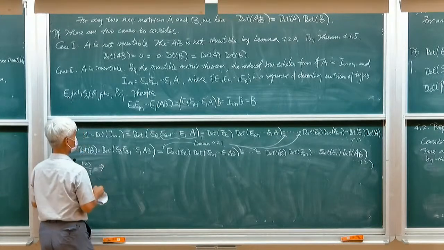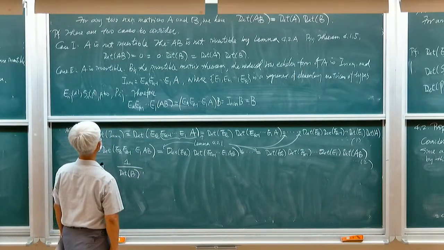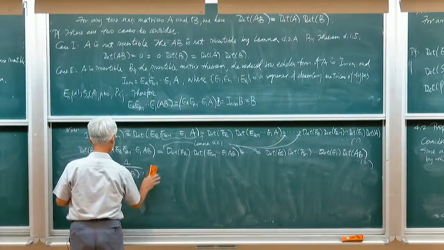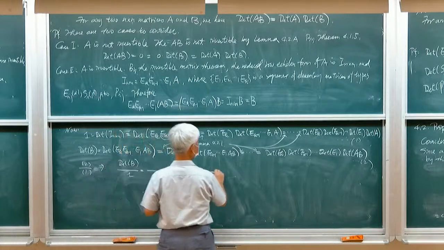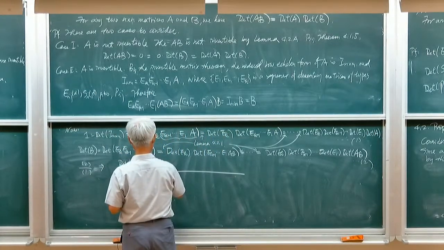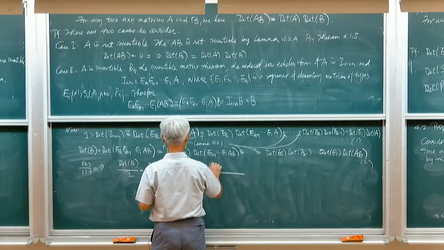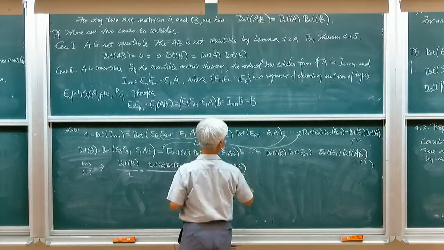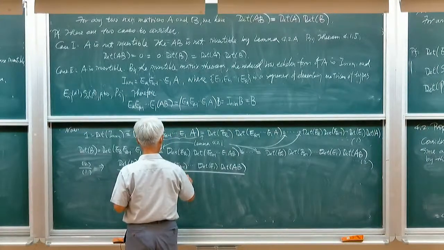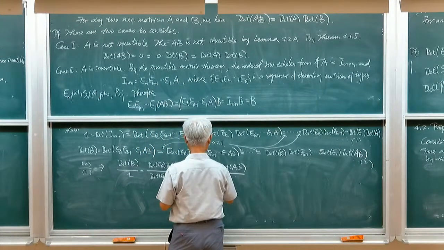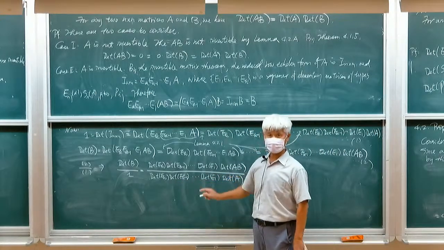This implies that the determinant of B divided by 1 is equal to a lot of things: the determinant of E_k, the determinant of E_{k-1}, the determinant of E_1, the determinant of AB in the numerator, and the determinant of E_k, E_{k-1}, E_1, and the determinant of A in the denominator.